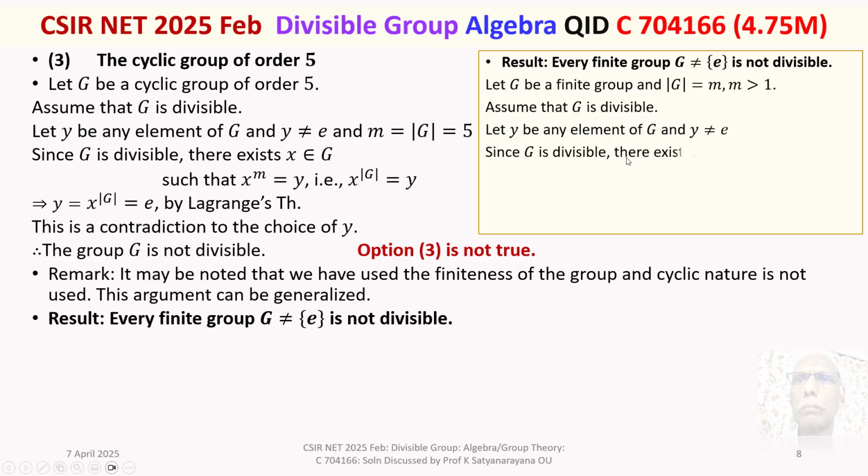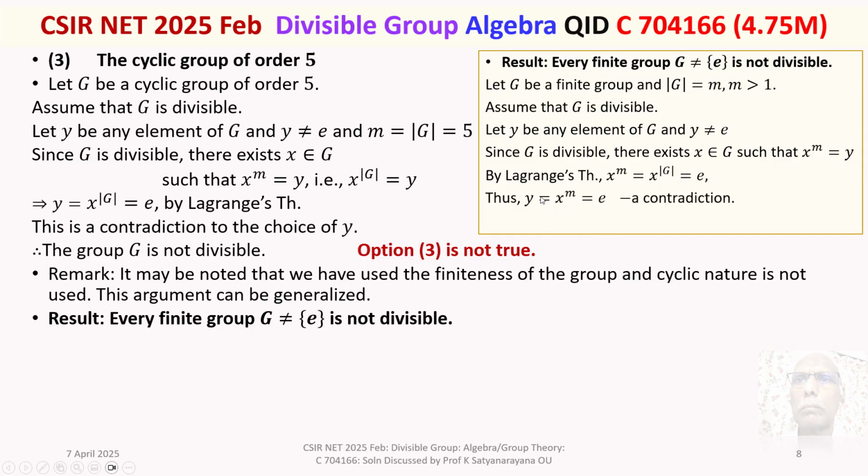Since G is divisible, there exists an x belonging to G such that x to the power m is equal to y. By Lagrange's theorem, x to the power m is x to the power order of G, where G is a finite group, and this is equal to the identity. Thus, y is equal to x to the power m, which is the identity, a contradiction to the choice of y.